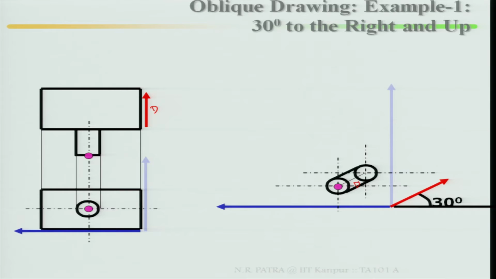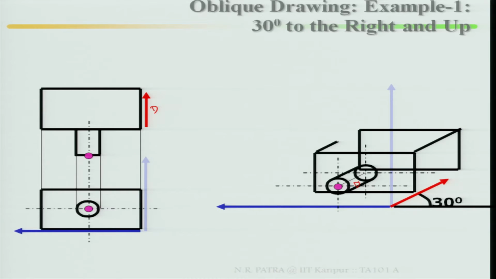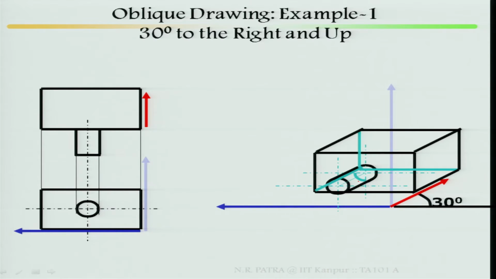Then join by means of a common tangent, then finish your outer surface by taking the measurements in depth, width and height directions. Then finish it off and see how it looks.